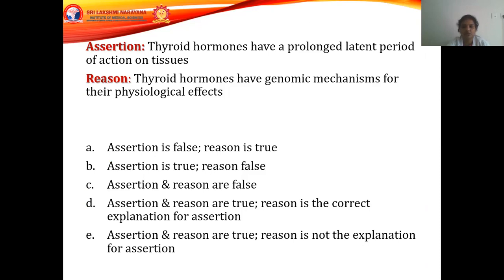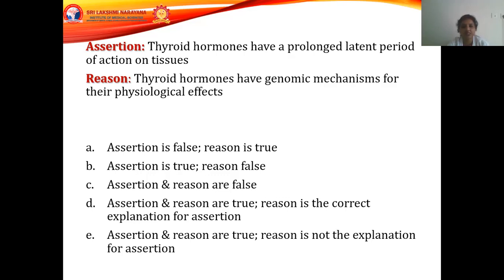So once again, a break. We have two statements here. One is the assertion and the other is the reason. The assertion says that thyroid hormone has a prolonged latent period of action on the tissue. What does this mean? It means that thyroid hormone takes some time to produce its action on the tissue. Is it true or false? The reason is that thyroid hormone has genomic mechanisms for its physiological effects.